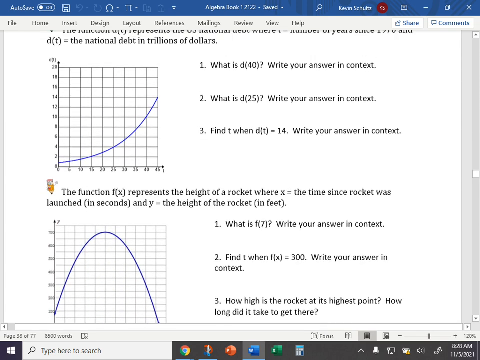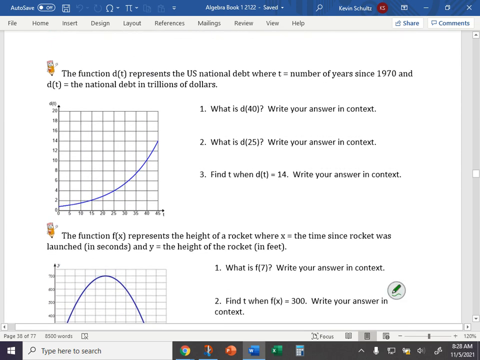So the year is 1970 plus whatever your x value is, right? Our first one, D of 40, it was saying 40 years after 1970. 1970 plus 40 is 2010. So for the next one, where it says what is D of 25, you're going to be adding 25 to 1970 because it's 25 years since that time.